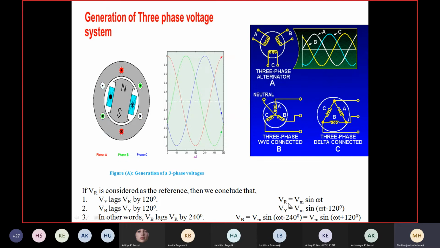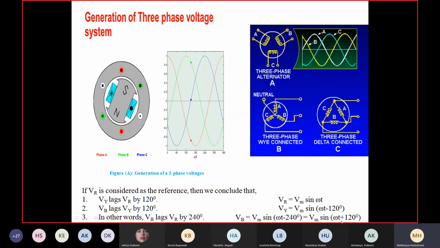All together, the induced EMF in the first group is Vm sin omega t, in the second group Vm sin omega t minus 120, and in the third group Vm sin omega t minus 240, or it can be plus 120. Minus 120 means behind VR, plus 120 means ahead of VR, both are the same.